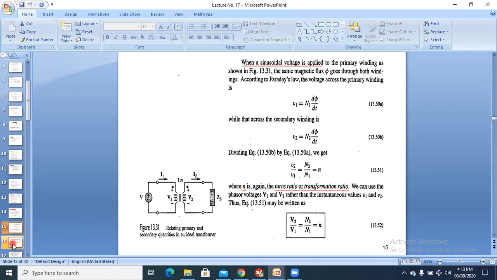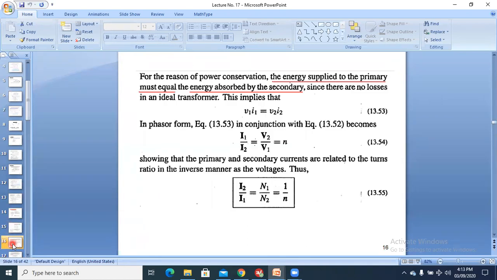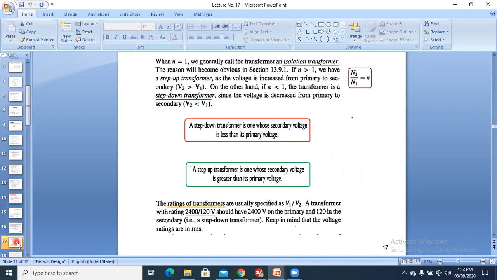So keeping this in mind, we will have a step-up transformer and a step-down transformer.